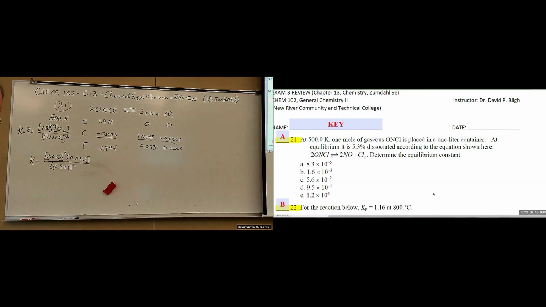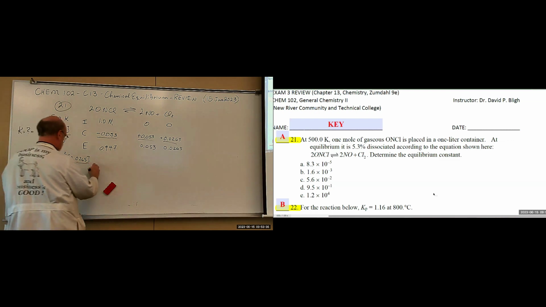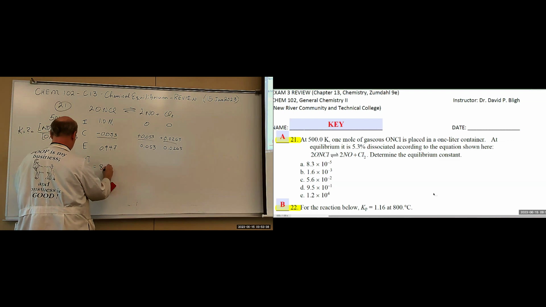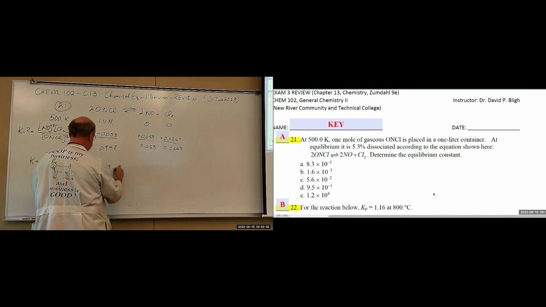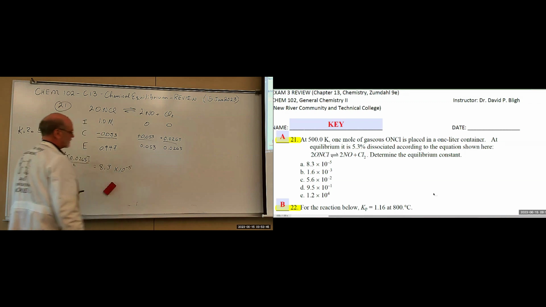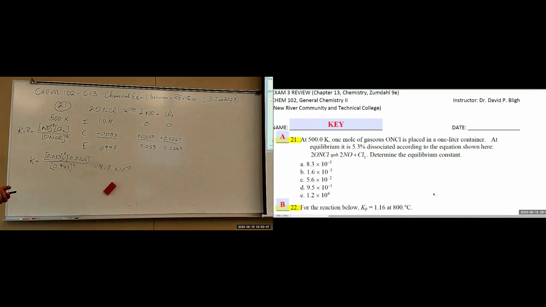Okay, let's see if I can do this without messing it up. 0.053, square that one, 0.0265 times that, 0.947, square that one, and divide it into that product. So I get 8.3, yeah, two significant figures, times 10 to the minus 5. That's A.